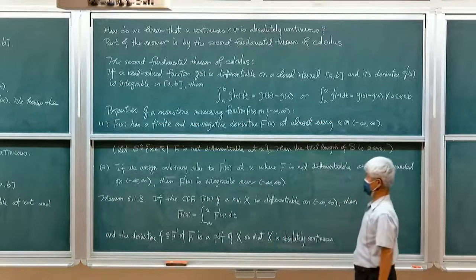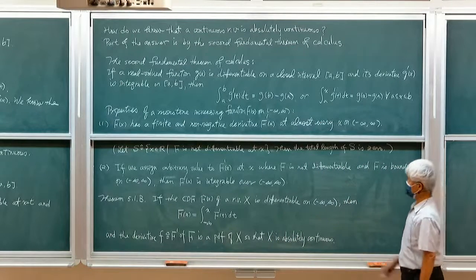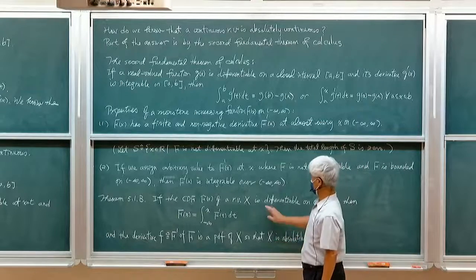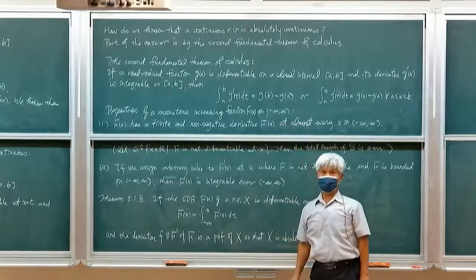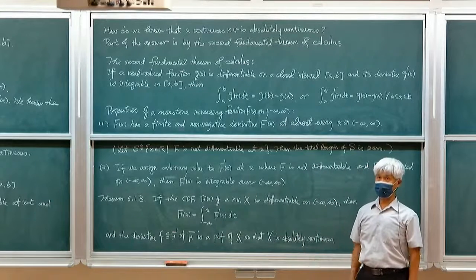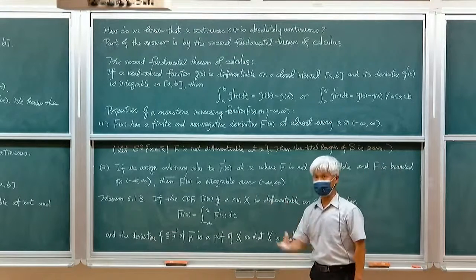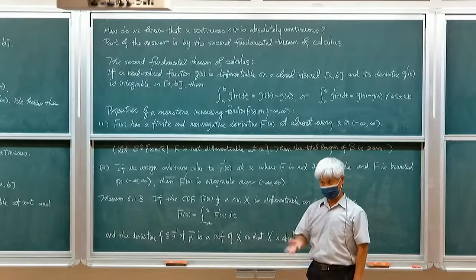Okay. All right. So this theorem gives a partial answer to our question, not a full answer, because this just gives us a sufficient condition, not a necessary and sufficient condition.